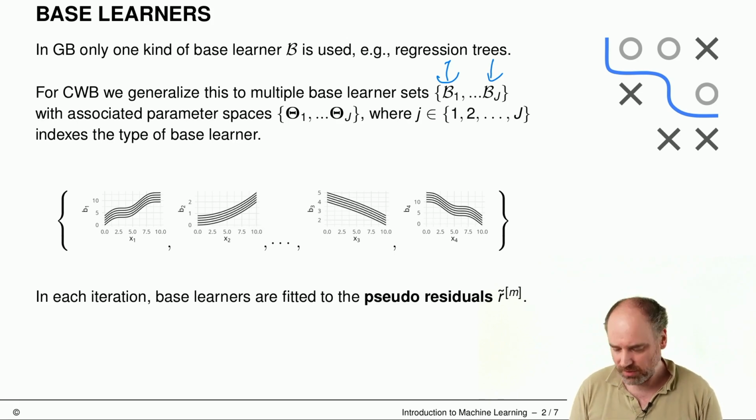So we'll have an extra inner loop where we fit against each of these candidate sets of models, and then just take the best overall.